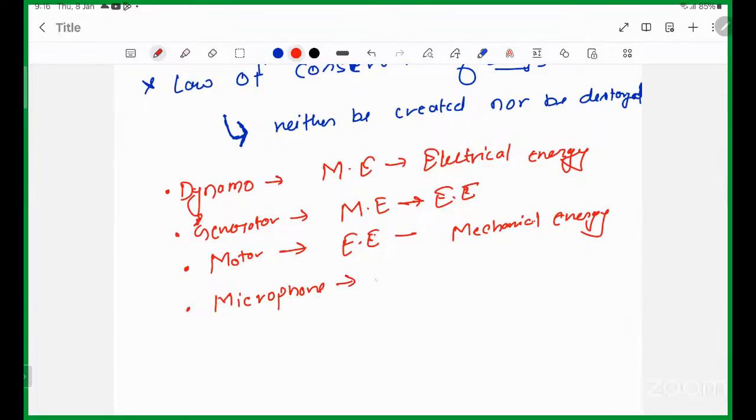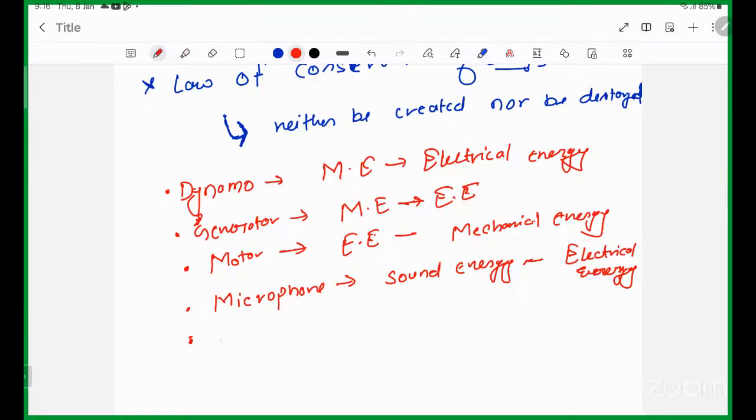What does it do? It converts sound energy, as we find in our mobile phones, into electric energy. That is also called signals, by which we are able to communicate from one place to another.